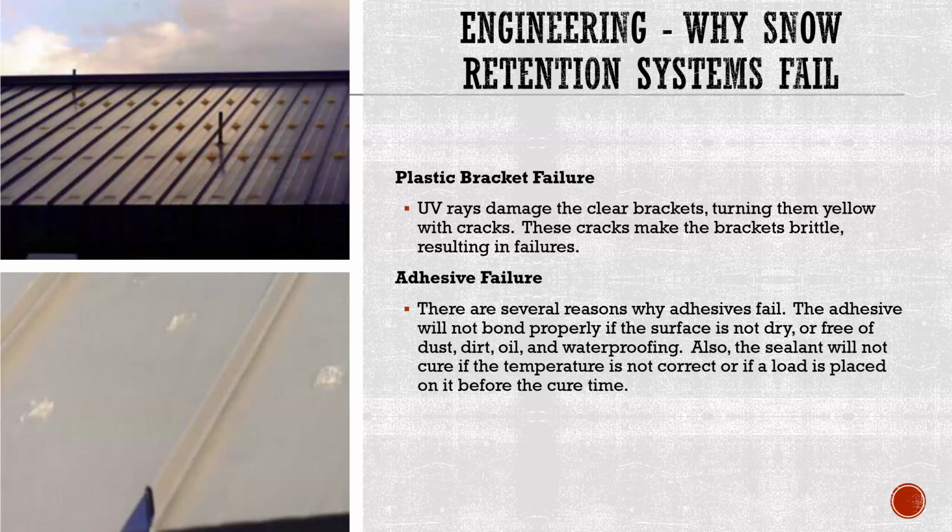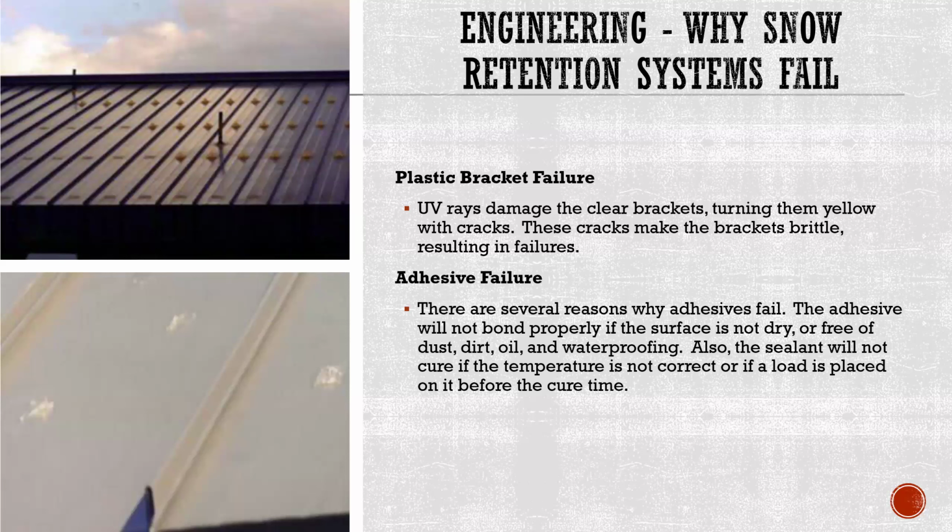Plastic brackets are the one type of snow bracket that I cannot support. We're adhering to the roofing material. There's just so many reasons that can create an issue, whether it doesn't seal or cure properly, or the surface is not dry or is dirty. Oftentimes, I just say that these make really, really good lawn ornaments because that's where you find them.